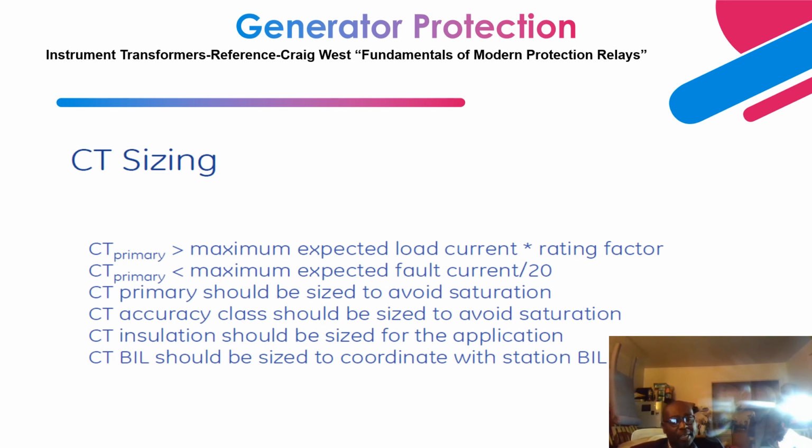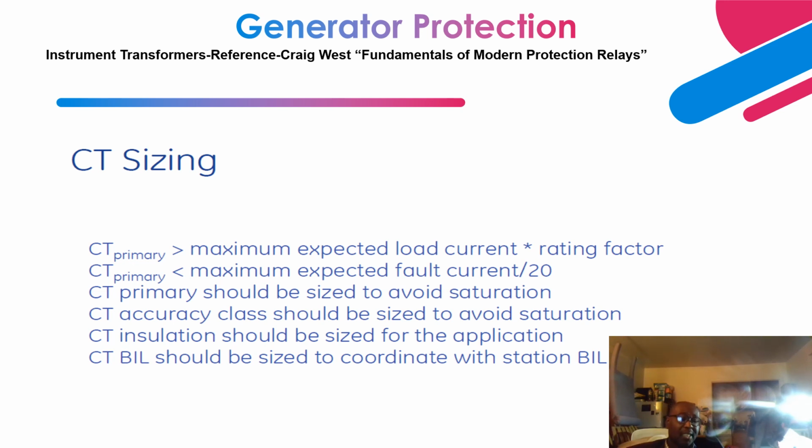So you should size the CT primary so that 20 times the primary current is less than the maximum expected fault current. Let's say you have a maximum expected fault current of 60 kA. You should size it in such a way that 60 kA over 20, the CT wouldn't saturate. And there are IEEE Excel sheets for performing those calculations.